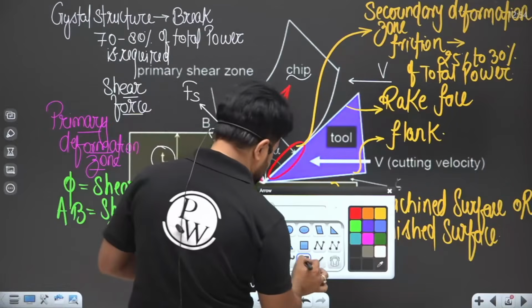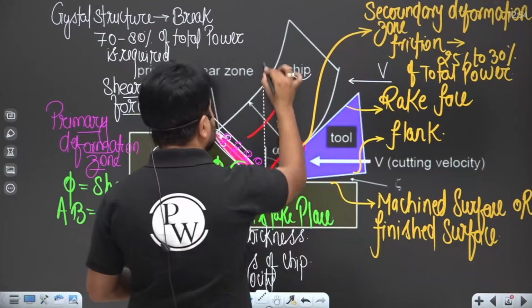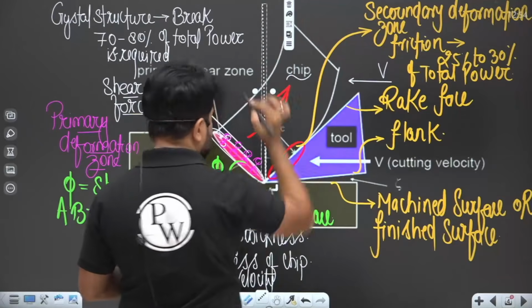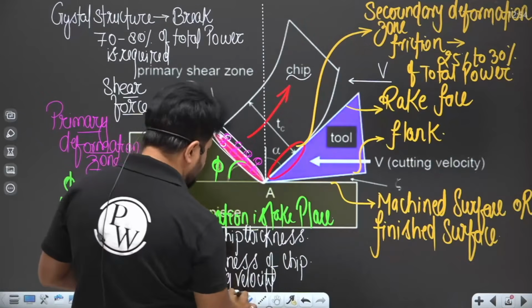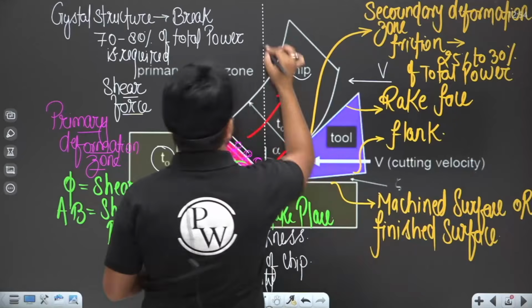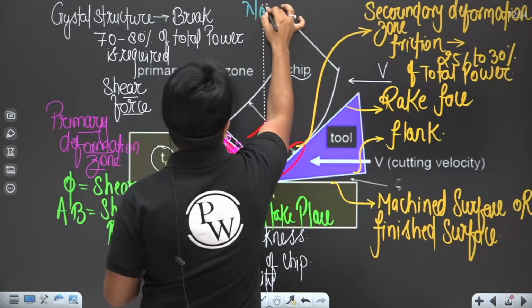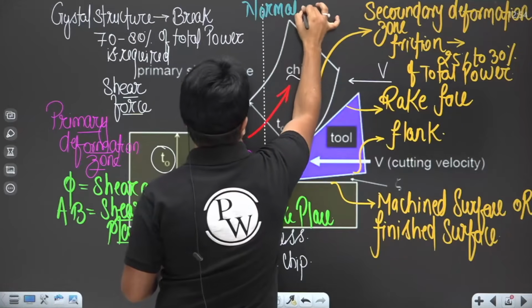Let me explain one more angle. This line is called the normal line, right?